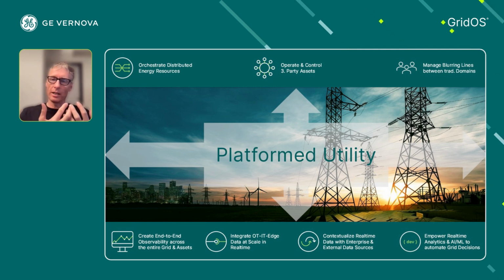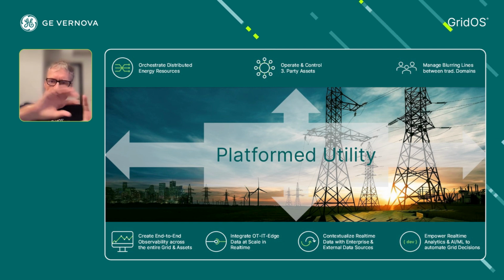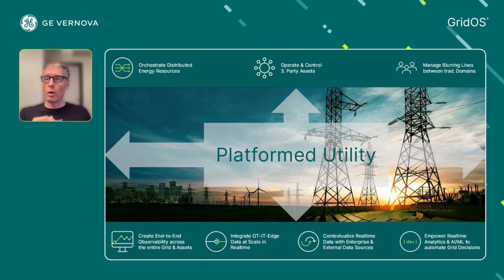Because on the one side, you have to think about your grid infrastructure as a platform to be able to put more sensors, assets, things like it in the network. But on the other side, you also have to think the same from an IT point of view. Because to manage the end-to-end grid in the future, you might need to integrate data sources that are not your data sources anymore. You might want to integrate weather data.